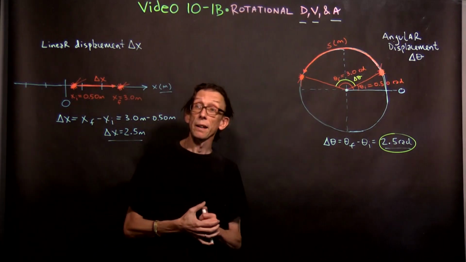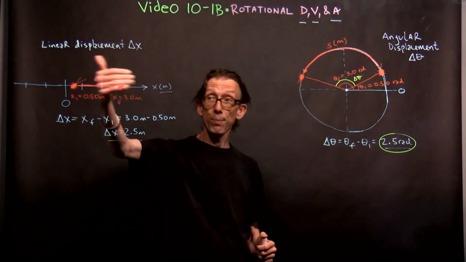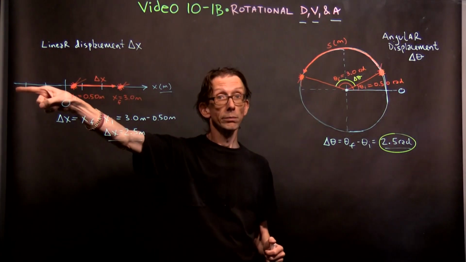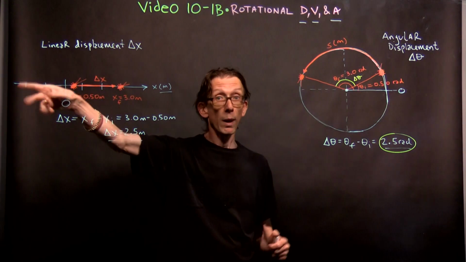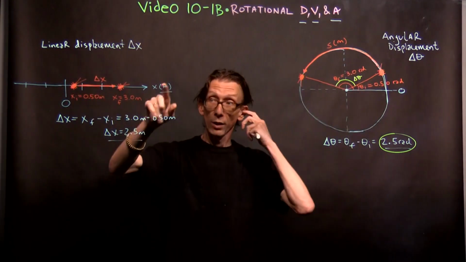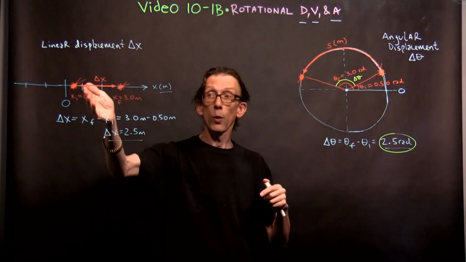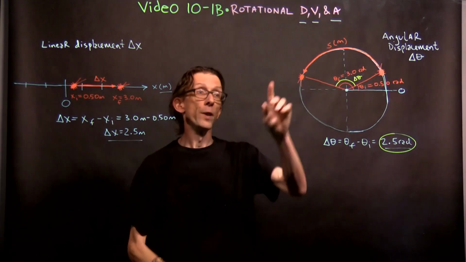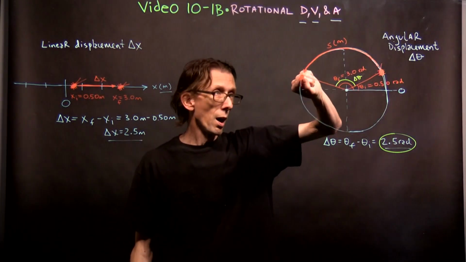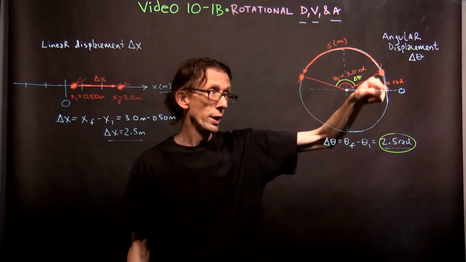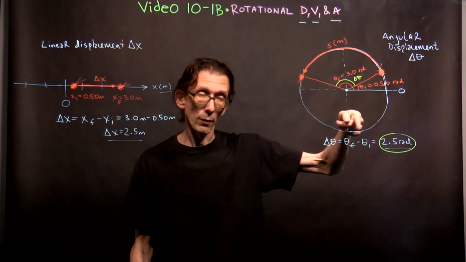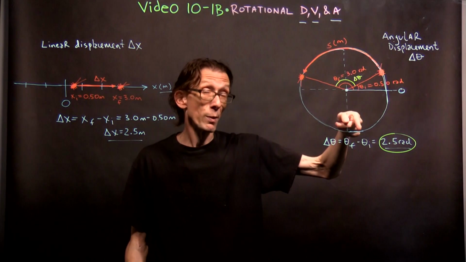And it can be positive or negative, just like linear displacement. It's positive in this example, but the bug could have gone that way. Nobody's stopping the bug from going that way. He just chose freely to move to the right, what we call positive, so we called his displacement positive. This red bug over here, same red bug, just a different time, could have gone the other way, around the circle this way. In that case, his displacement would have been negative.